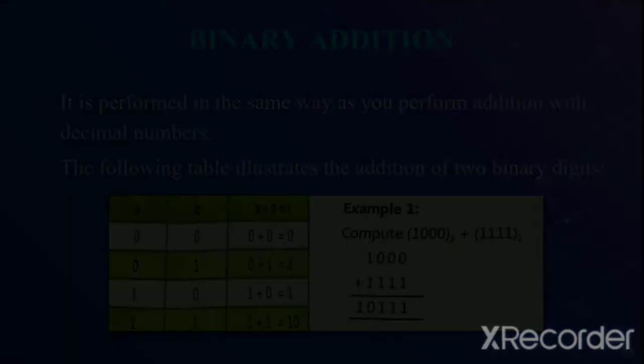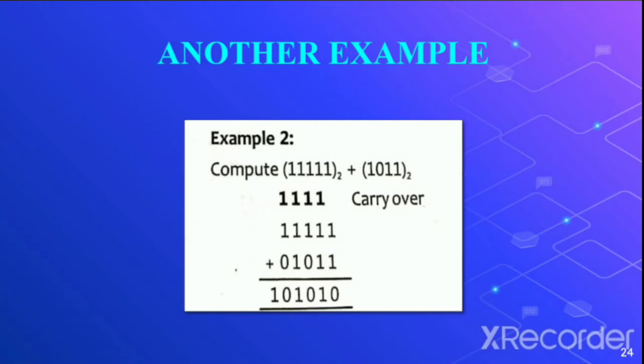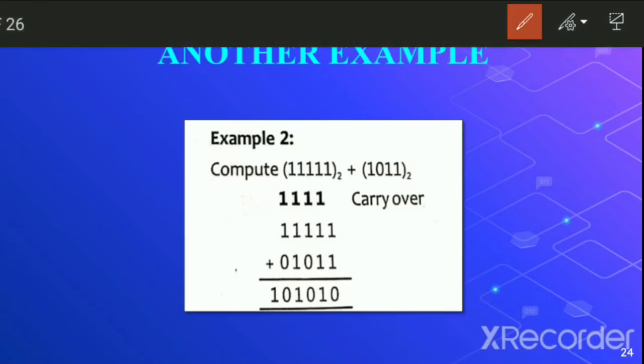Next, let's have a look at another example for better understanding. In this we have to add these two binary numbers. When we add 1 plus 1 we get 0 as the answer, and this is the carry.